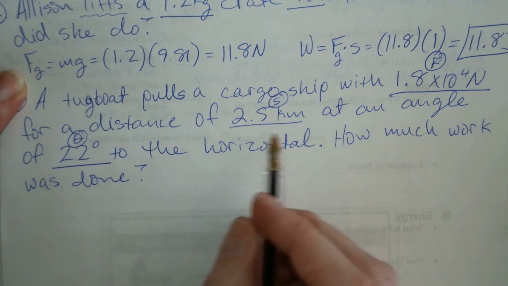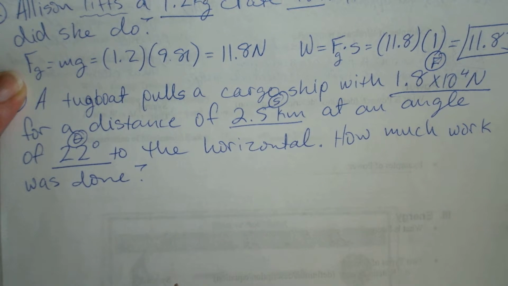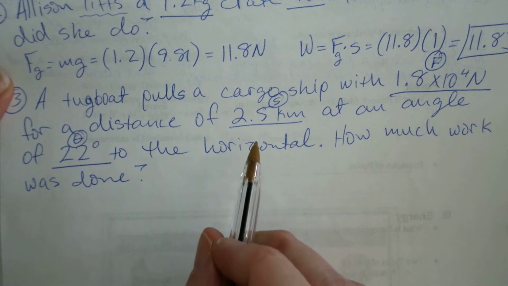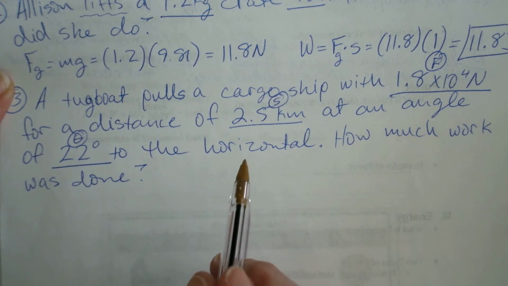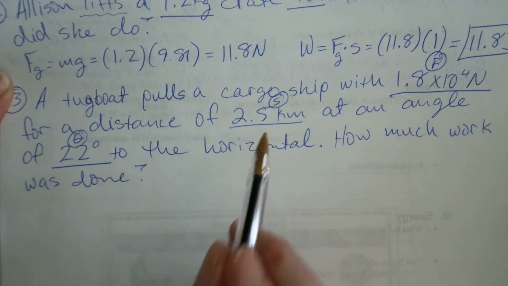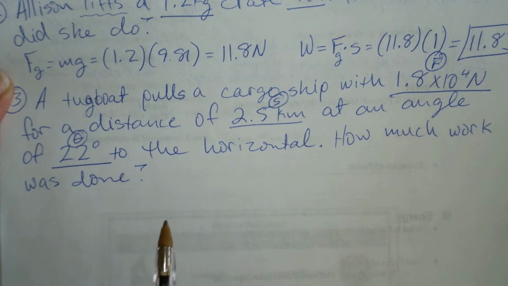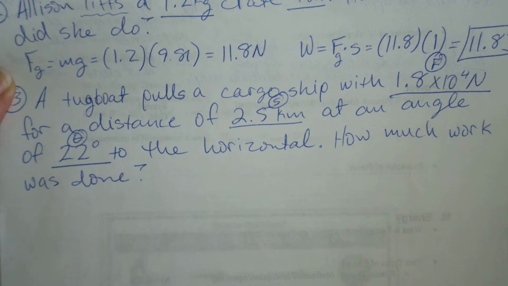Now, my displacement is not in the proper unit. It needs to be in meters. So how many meters are there in a kilometer? 1,000. So if I have 2.5 kilometers, how many meters is that? 2,500 meters. All right, so we're looking for work, and work is done at an angle.